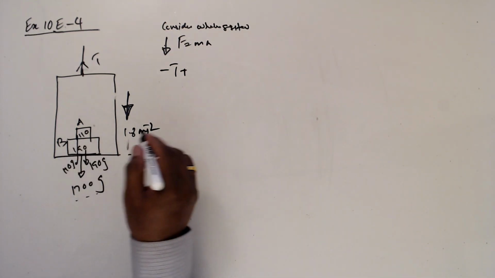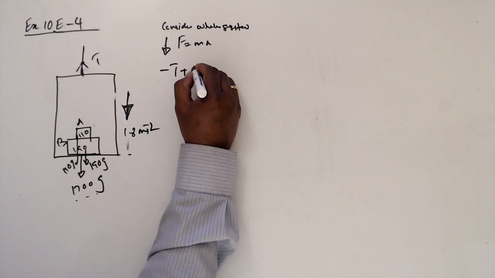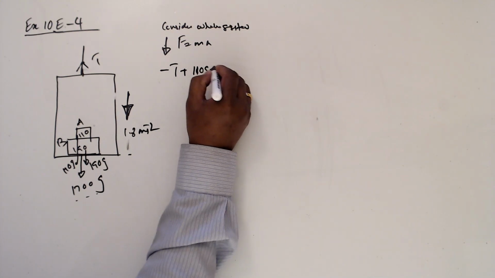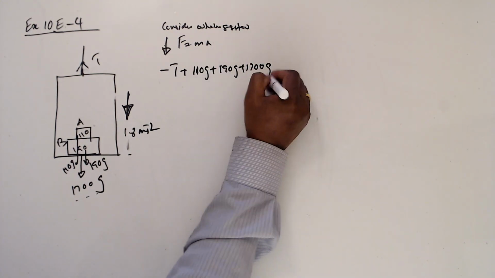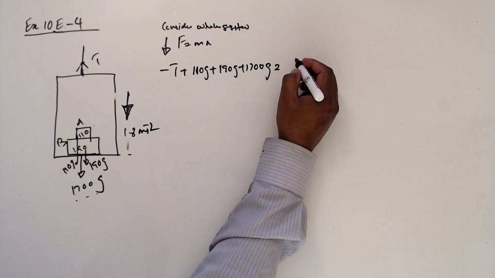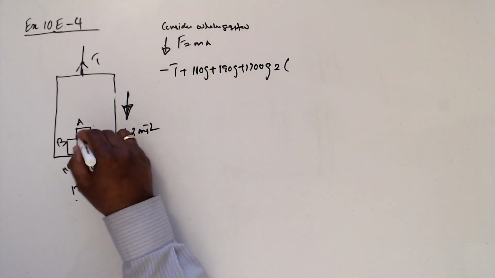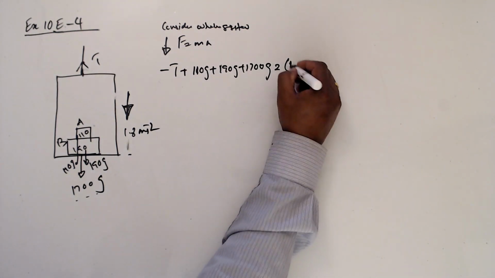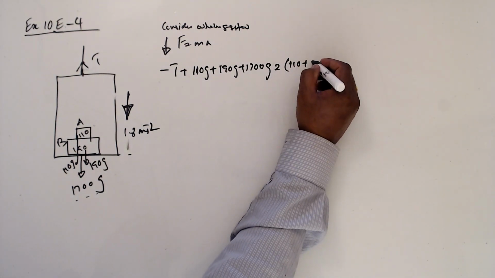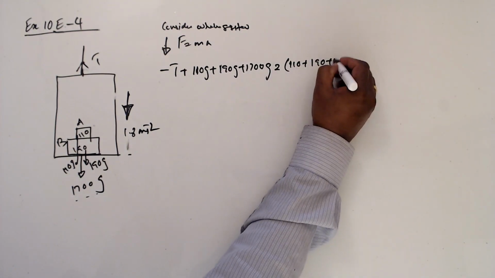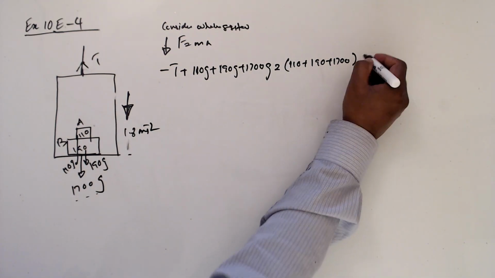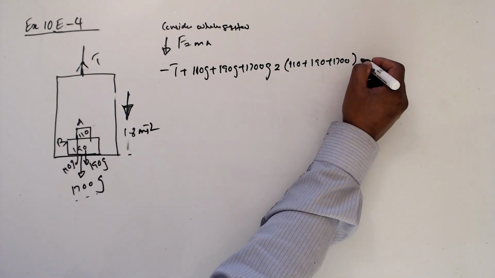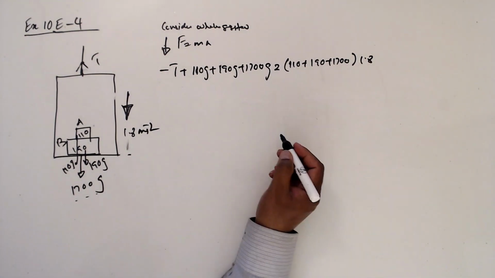So the total weight is 110 g, 190 g, and 1700 g. Equal to m, the total weight: 110 plus 190 plus 1700, times a, the acceleration, 1.8.